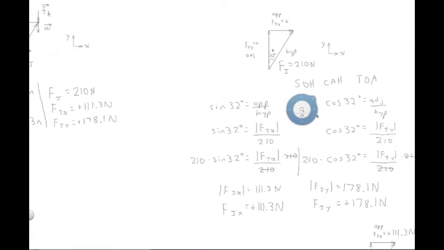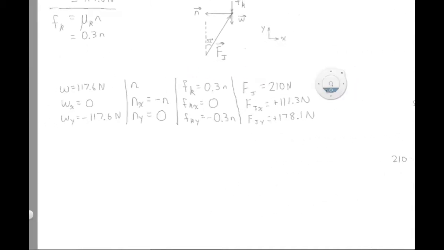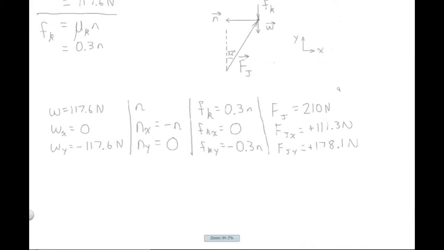Then you need to keep working on getting to the point where it's boringly easy for you to find the components correctly. If you got these correct, then maybe you can start to skip some of these steps or do some of them in your head. But if you got this incorrect, you need to keep writing out all of the SOHCAHTOA steps on paper until that part of the problem is 100% correct, and until those parts of the problem are boringly easy for you. Okay, so now I think we have our force table.